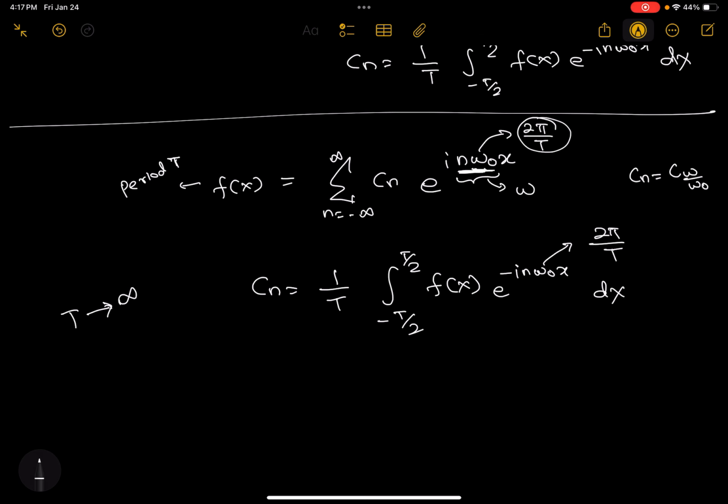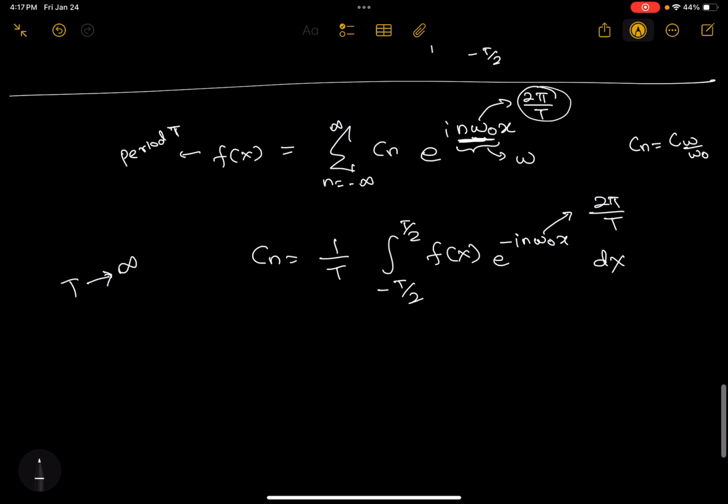Now we will just be interested in this c sub n, because over here we are writing a function in terms of a sum, and this term involves some angular frequency omega, and c sub n quantifies how much of this term involving omega there is.